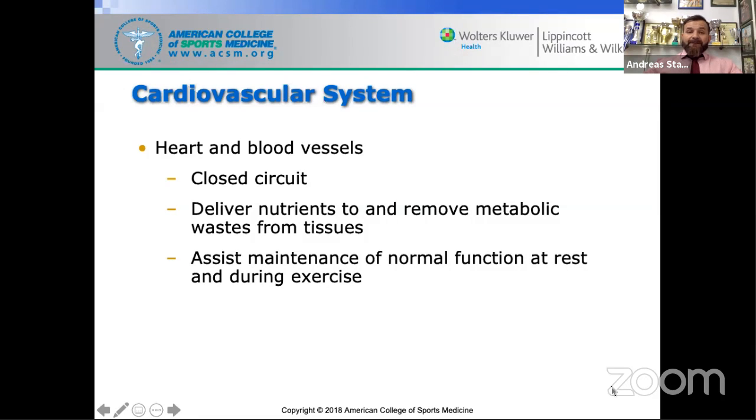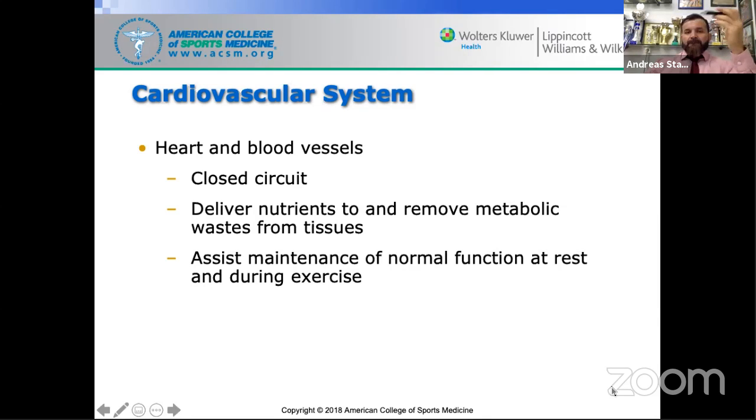Let's start with the cardiovascular system. When we talk about the cardiovascular system, we mainly talk about the heart and the blood vessels, and it's a closed circuit, which means the blood, for example, will start from point A, do the whole thing and come back to point A. That's an easy, simple way to explain that.